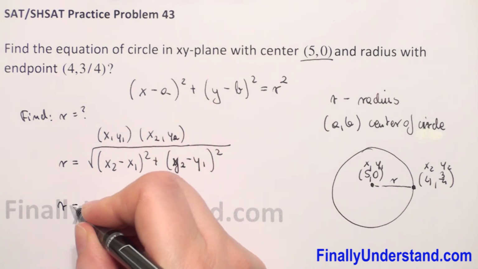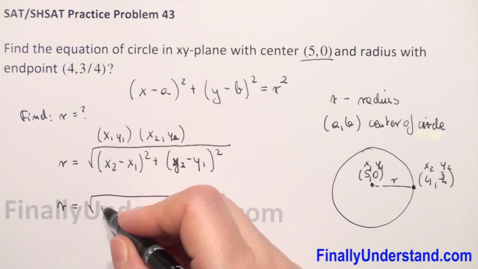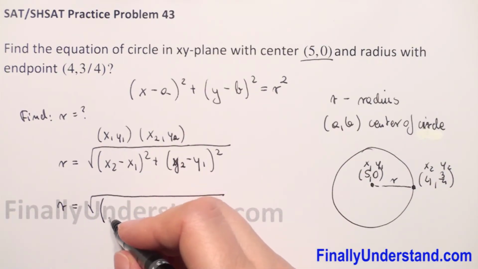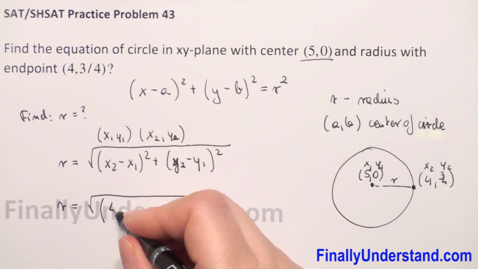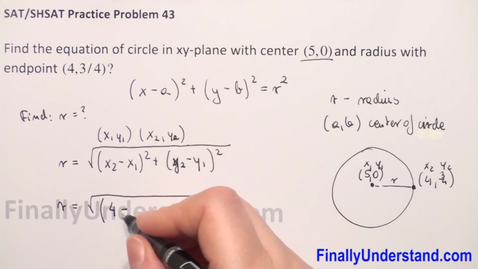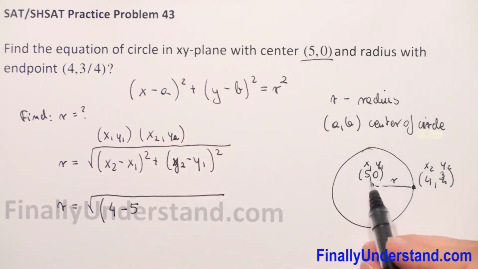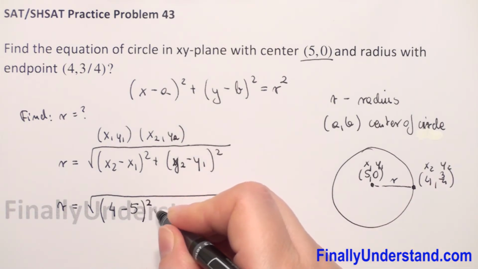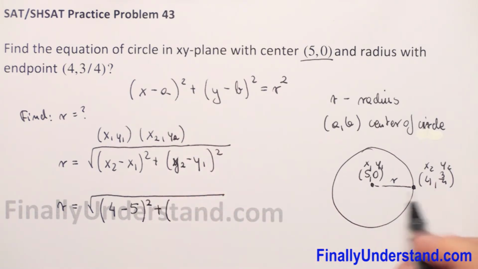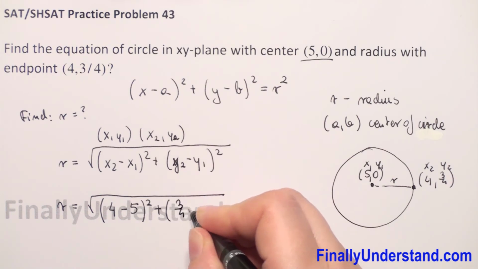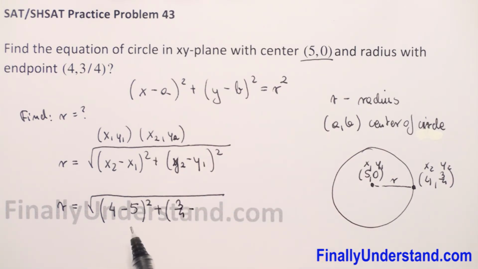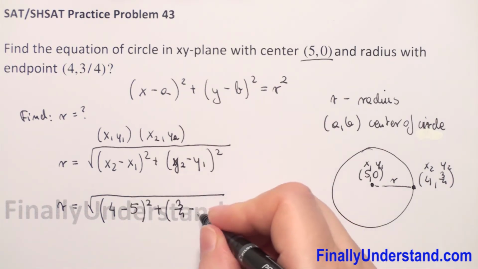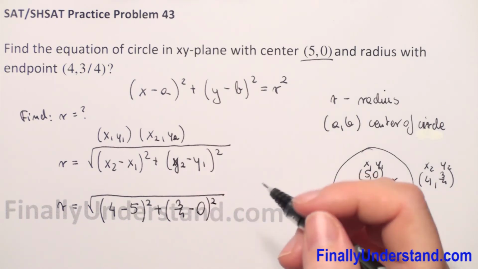R is equal to the square root of, in parentheses, x2, so this is 4 minus x1, which is 5, to the second power plus y2, which is 3/4, minus y1, which is 0, to the second power.